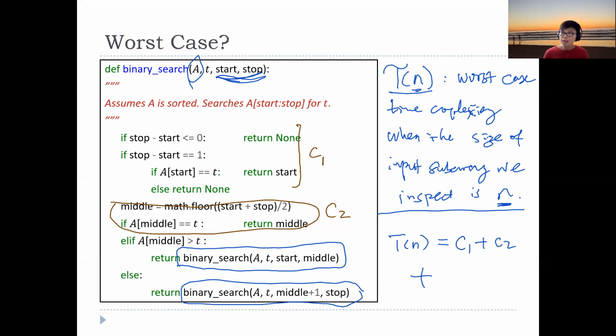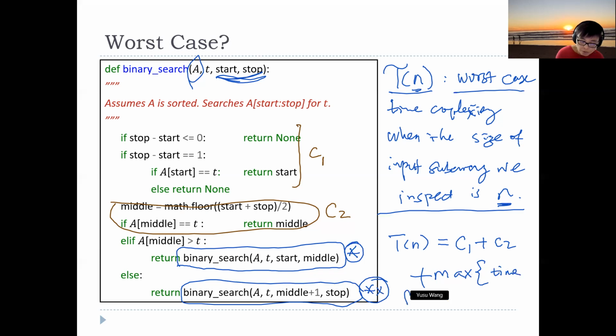However, we are looking at worst case time complexity. So I know it's either this or this. What is the worst case? The worst case is the one that takes more time. In other words, I'm going to look at the maximum of, so call this line star and this line star star. In fact, let me write it here.